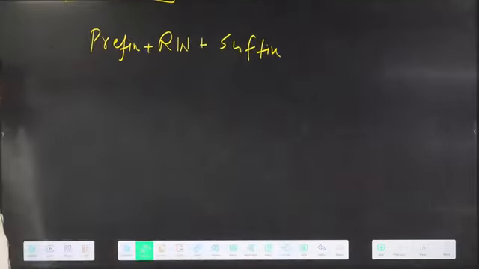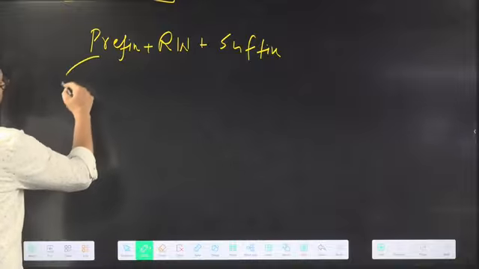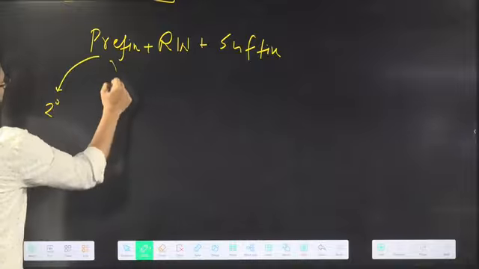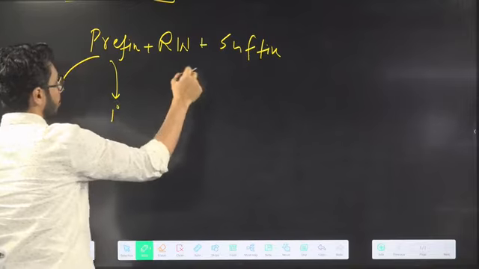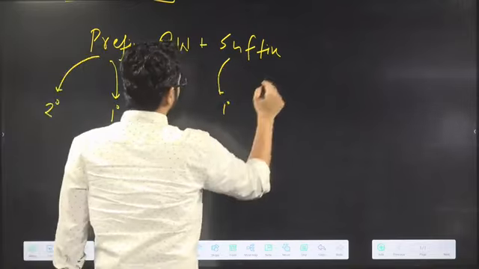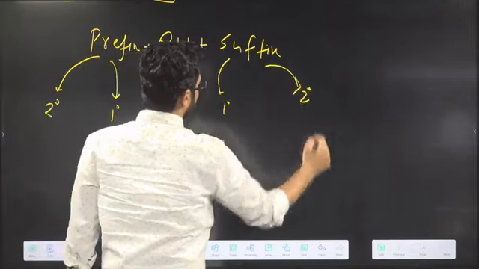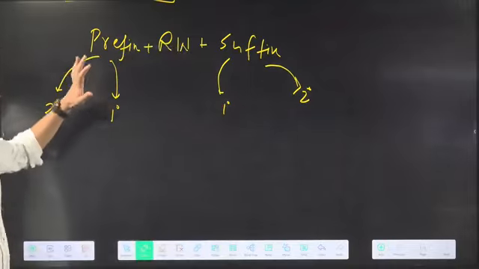How many types of prefix? Two: secondary, primary. Root word, then primary suffix and secondary suffix. Up to this part we have discussed.